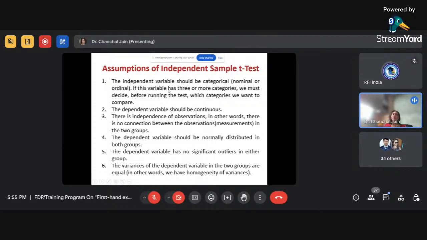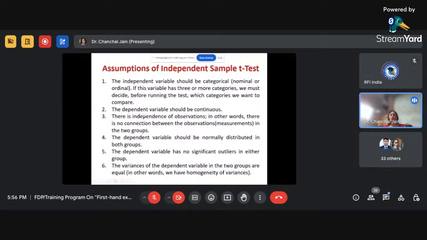And here we need to know this thing. It is quite possible that in your categorical variable there are more than 2 categories. In that case, you need to decide beforehand which 2 categories you want to compare, because the limitation of the independent samples t-test is that it can compare only 2 groups or 2 categories, right? So this is the first. Second, the dependent variable should be continuous.